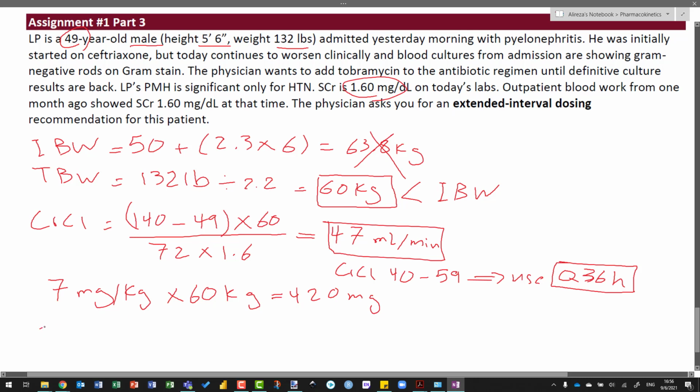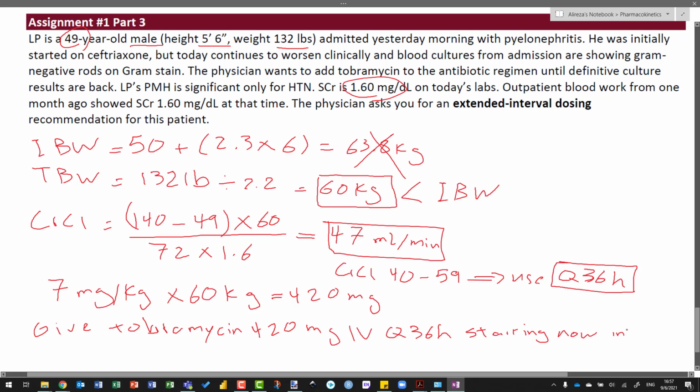So for this part, we basically recommend give patient tobramycin 420 milligram IV every 36 hours starting now, and make sure you give the infusion time.